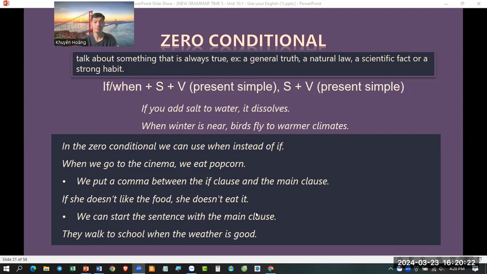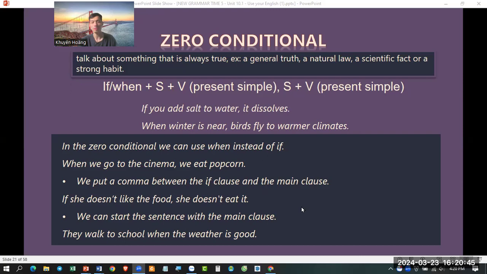We put a comma between the if clause and the main clause. If she doesn't like the food, she doesn't eat it. We can start a sentence with the main clause. They walk to school when the weather is good.